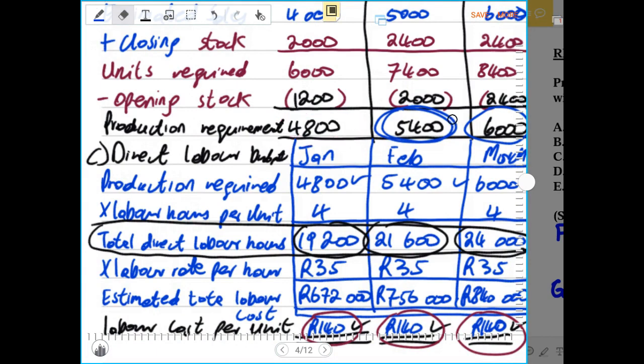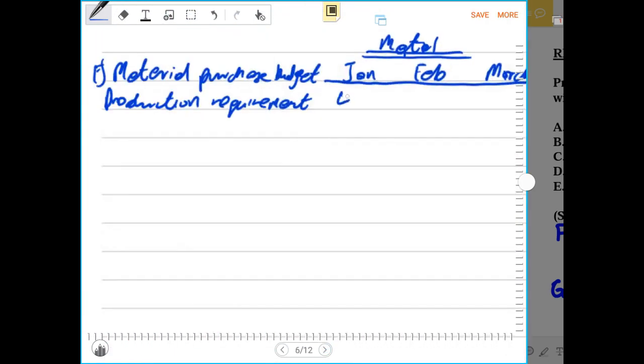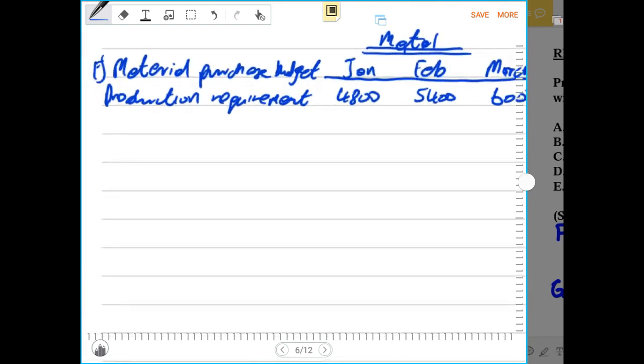Here are the production requirements, which are 4,800, 5,400, and 6,000 respectively. So now we say this is 4,800, 5,400, then the last month, which is the month of March, will be 6,000.